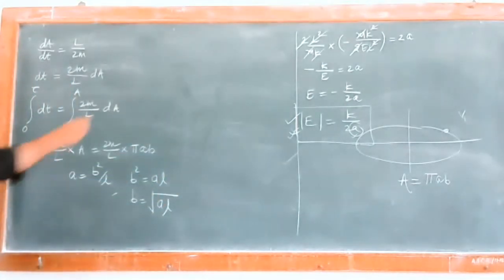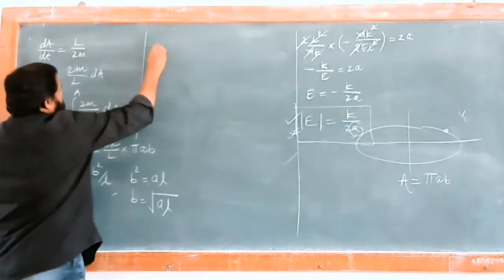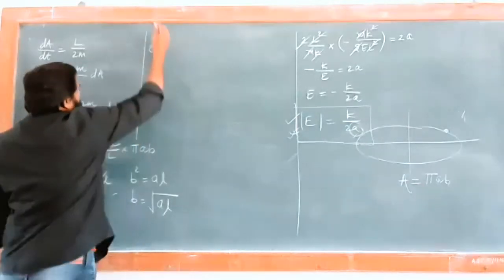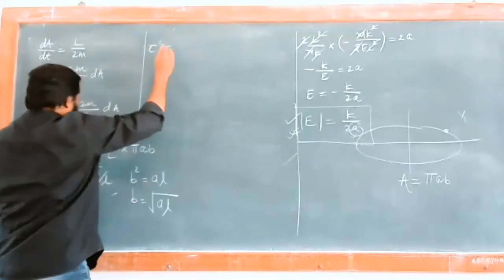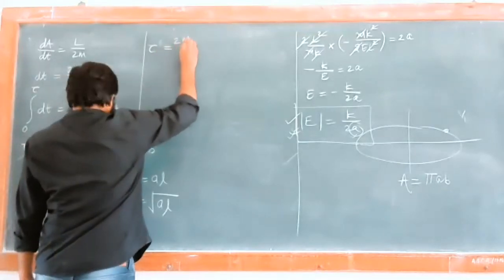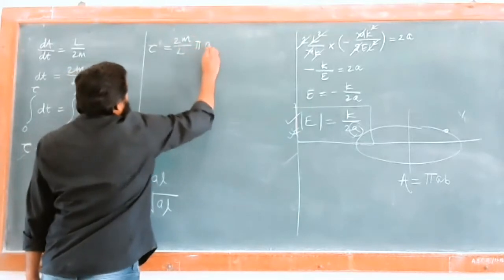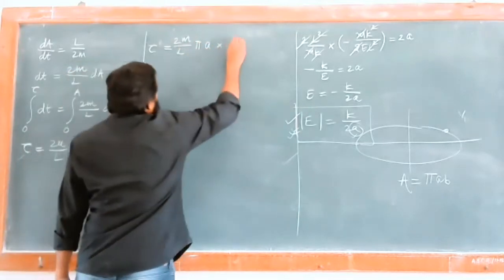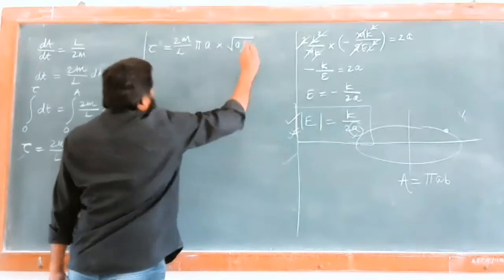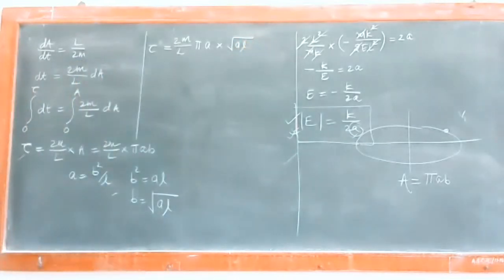I'll put it here, and I can write the value of tau as 2m upon L into pi into A multiplied by b, that is square root of A into L.